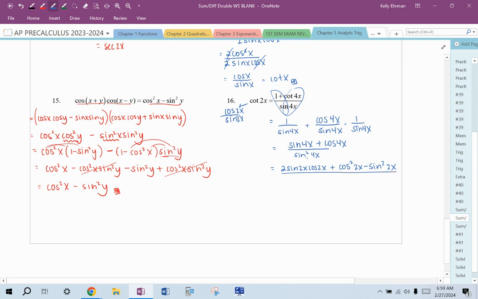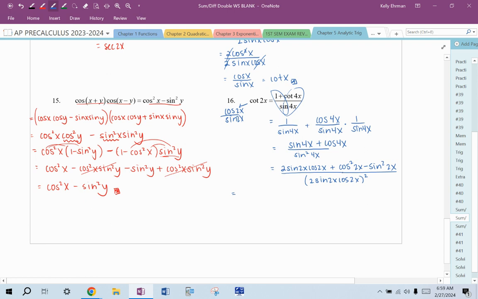And then remember what we did down here. We said this is going to be 2 sine 2x cosine 2x, and we're going to square that quantity. Okay, so this looks pretty ugly, but remember, we want to keep our sines and cosines of 2x's, so don't go expanding anything else.